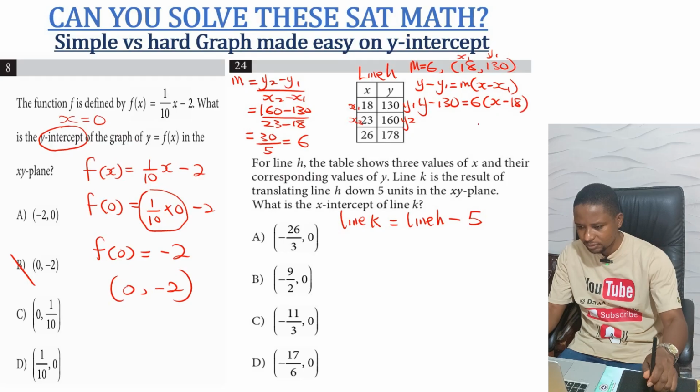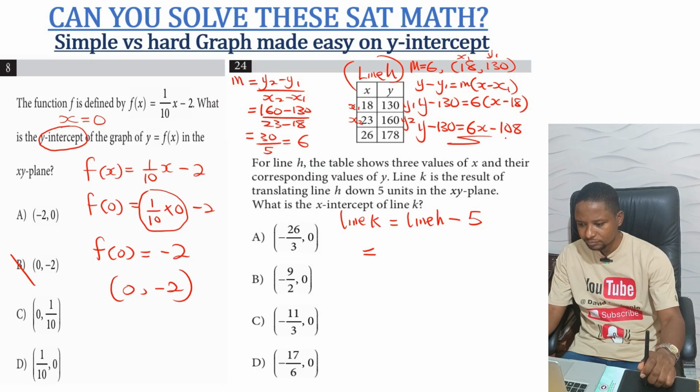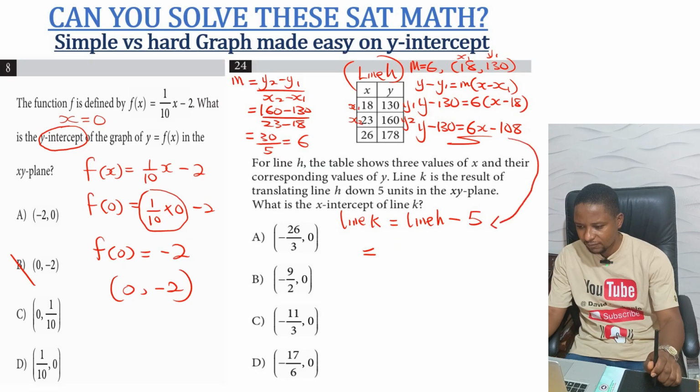That is all. You can open the bracket to simplify further, and that will give you 6x minus 6 times 18, which is 108. So now this is the equation for line H. So I'm looking for K, and for me to find K is just to bring this down and subtract 5 from it.